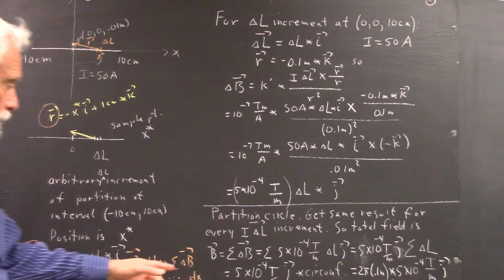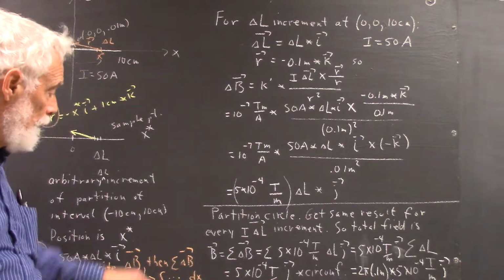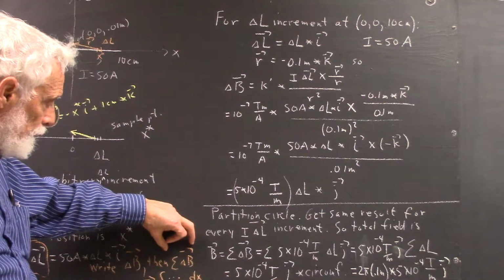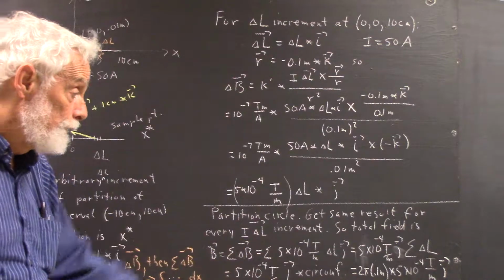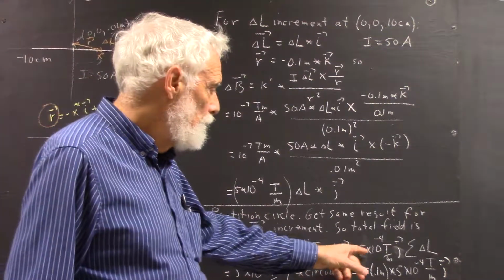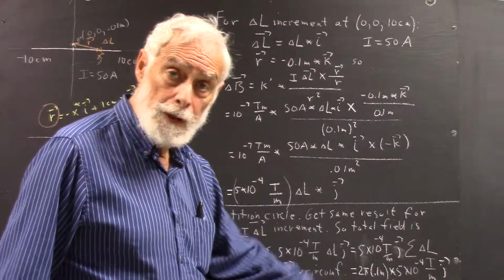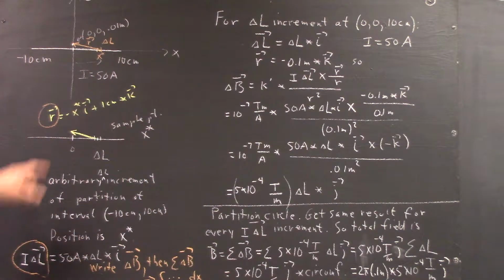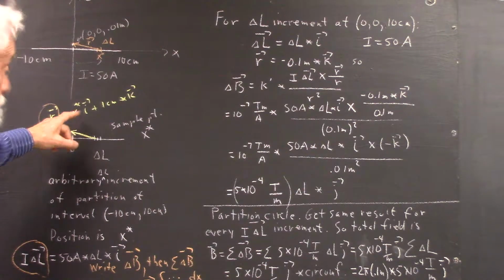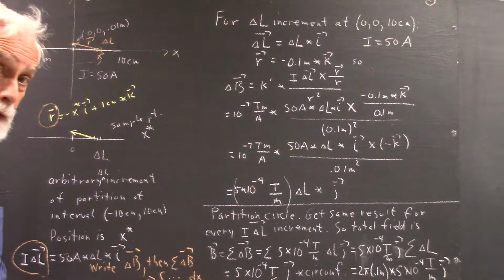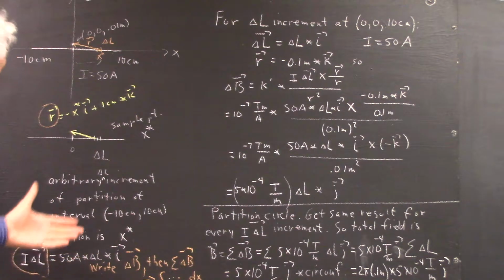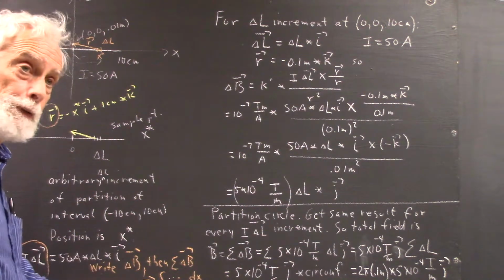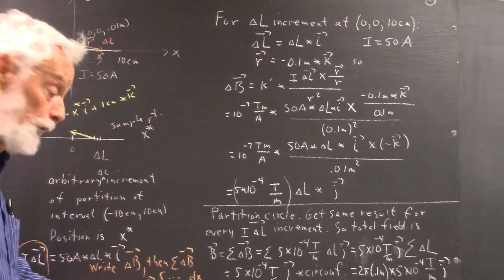Well, you're going to have to fill in the rest of this and ask yourself what happens as we take the limit of this. It's not going to be like this. What we get out in front of our delta L is not going to be constant. We're not going to be able to factor it out. We are going to have to do an integral because x star changes as we go from negative 10 centimeters to 10 centimeters, right? Okay. Now, I ask people to get that done prior to lab on Friday.